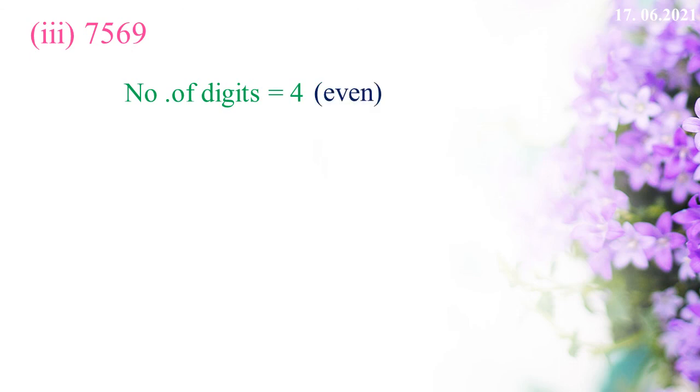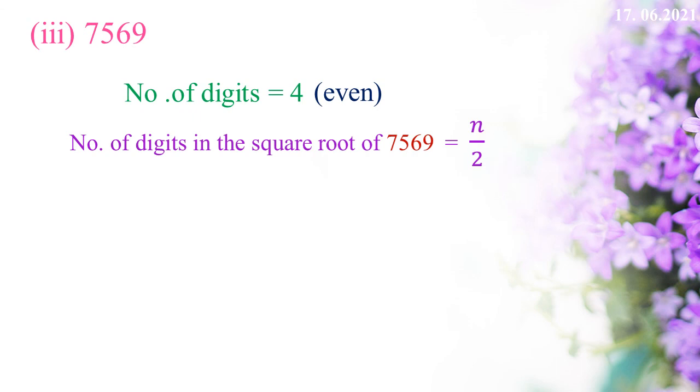Now, without any calculation, we are going to find how many digits are in the square root of 7569. Number of digits in 7569 is 4. 4 is an even number. If the number of digits in the perfect square is even, the number of digits in the square root will be n by 2.